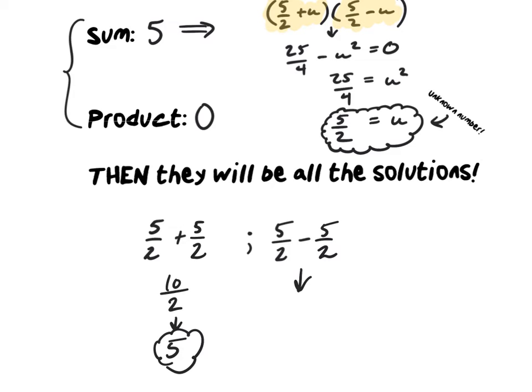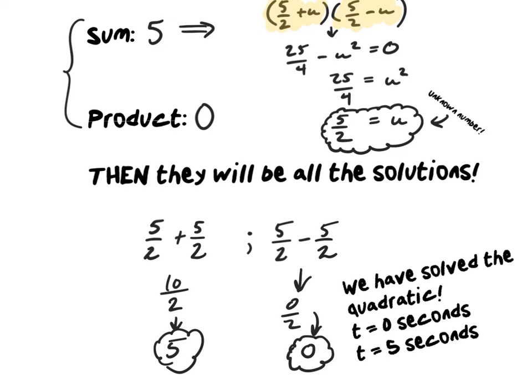That gives me 0 over 2, also known as 0. So 5 and 0 are my solutions. So at 0 seconds, my rock is at the ground level, then it's launched, and in 5 seconds, it hits the ground again.